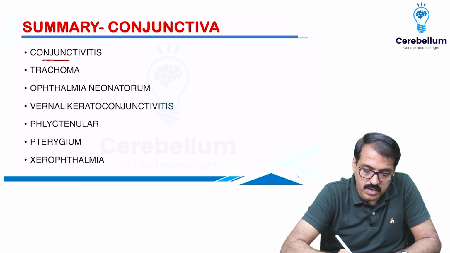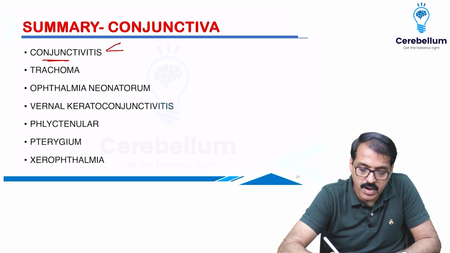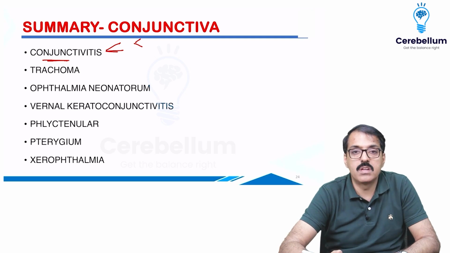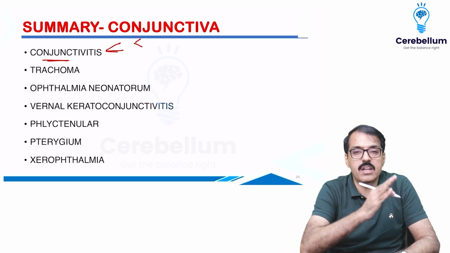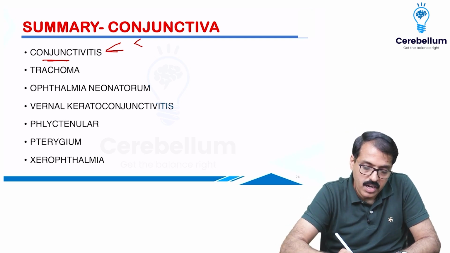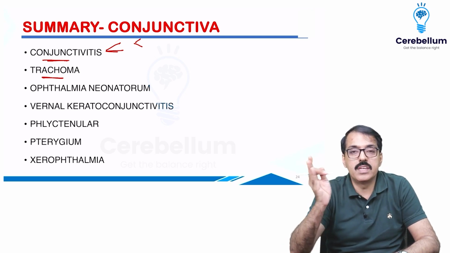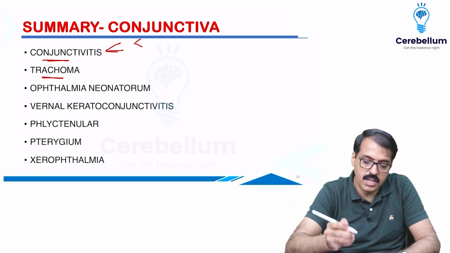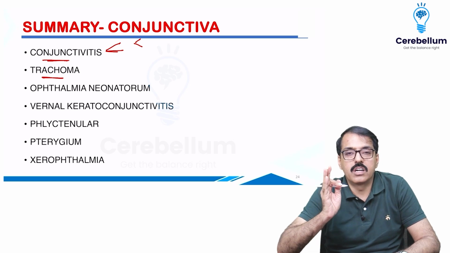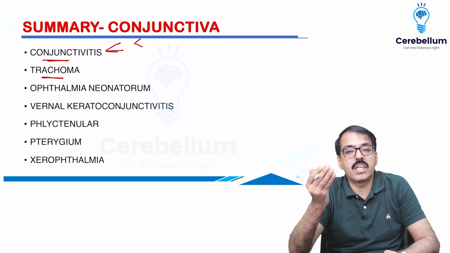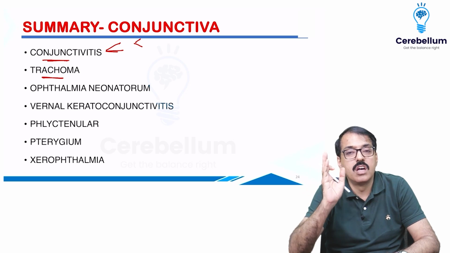Please remember, conjunctivitis: bacterial and viral. Bacterial can be membranous, pseudomembranous. Viral, please remember, can lead to hemorrhagic viral and adenoviral. Okay, trachoma is a chronic conjunctivitis, serotypes A, B, Ba, C, D to K. Trachoma presents with sequelae: trichiasis, entropion, tylosis.